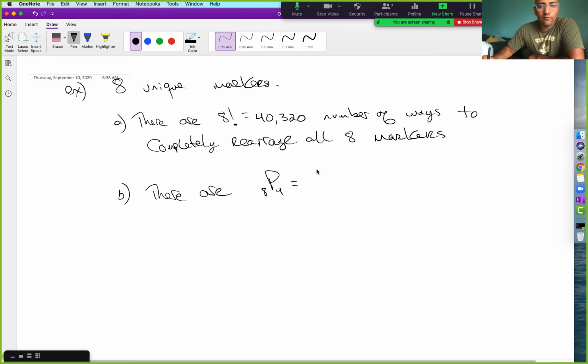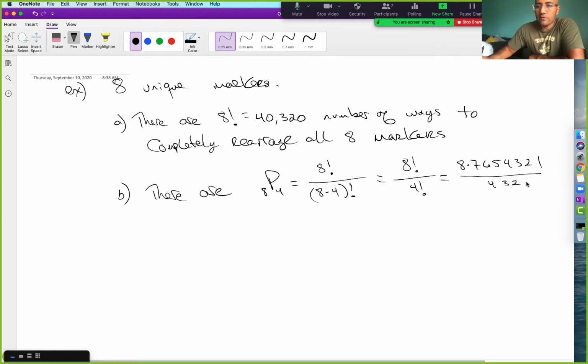Permutations of 8 choose 4, following our formula, that's 8 factorial divided by 8 minus 4 factorial, which equals 8 factorial divided by 4 factorial, which is going to end up being 8 times 7 times 6 times 5 times 4 times 3 times 2 times 1 divided by 4 times 3 times 2 times 1. All of these guys cancel.